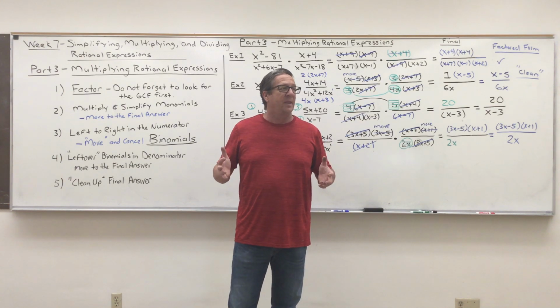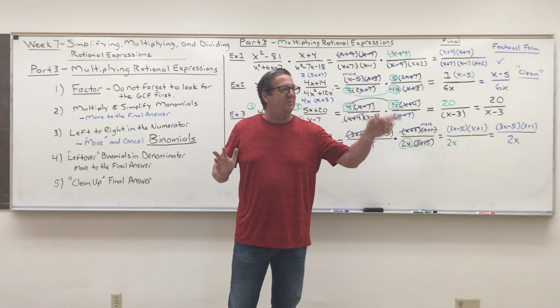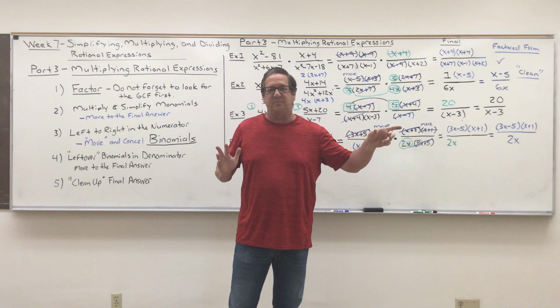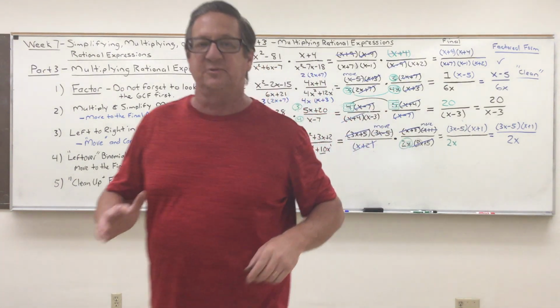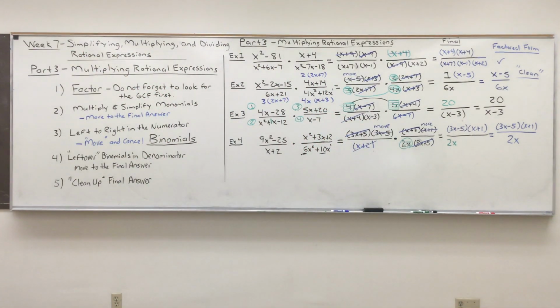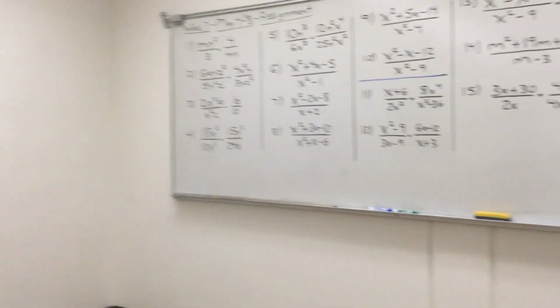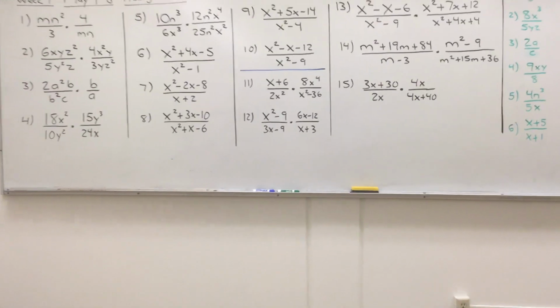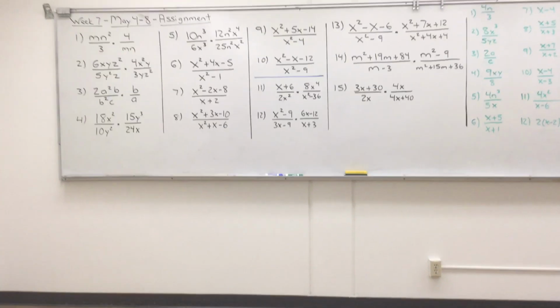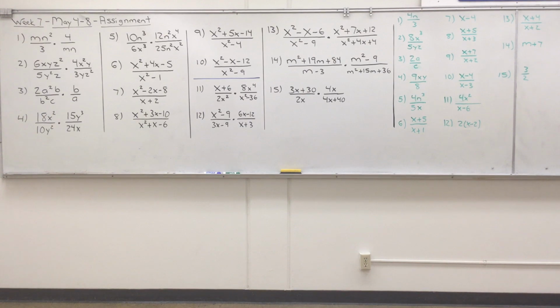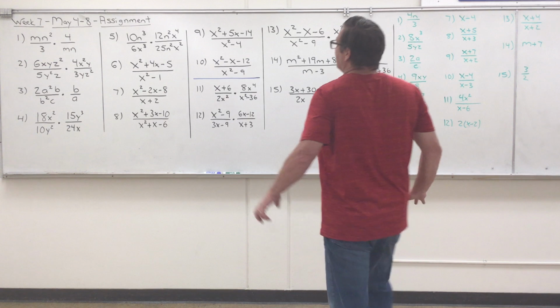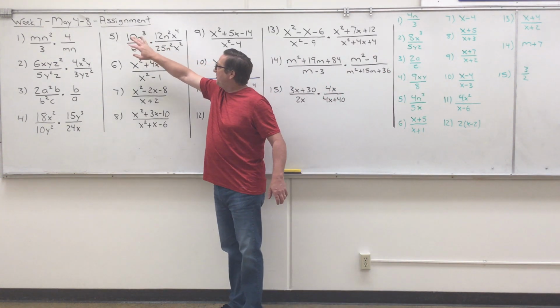So what I'm going to do right now is show you the problems, and I also have the answers to the problems today. So let's spin ourselves around. Okay, so here's our week 7, May 4th through 8 assignment.